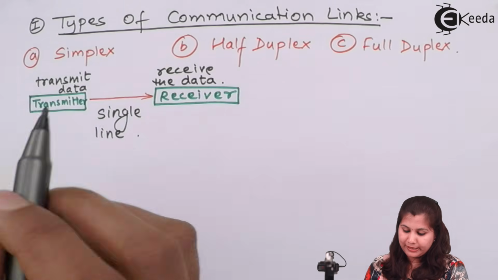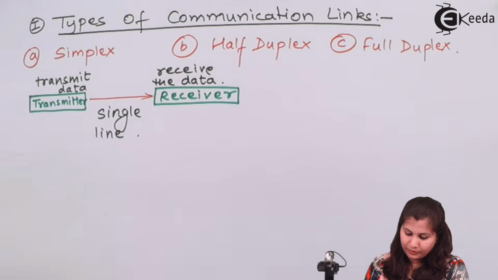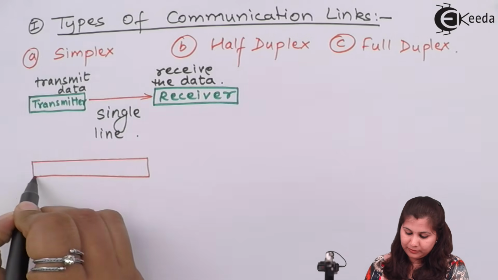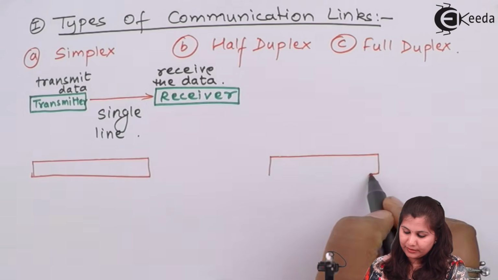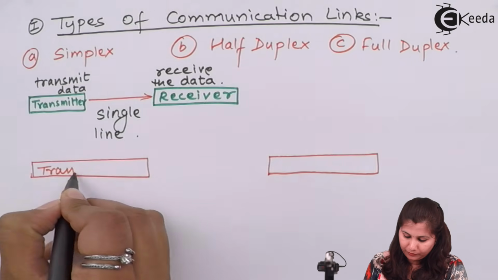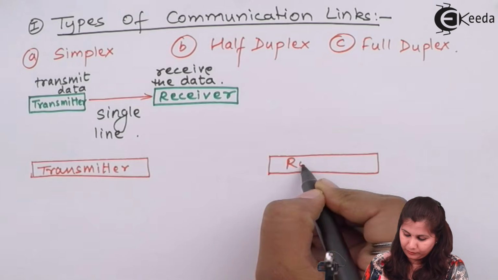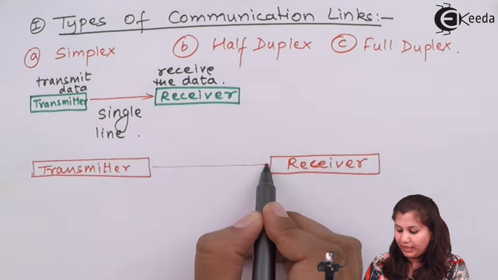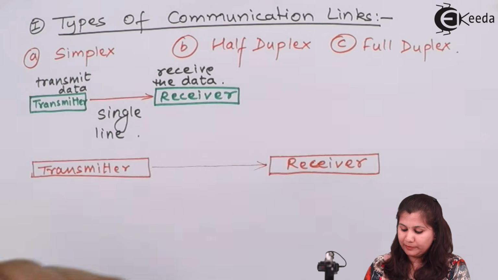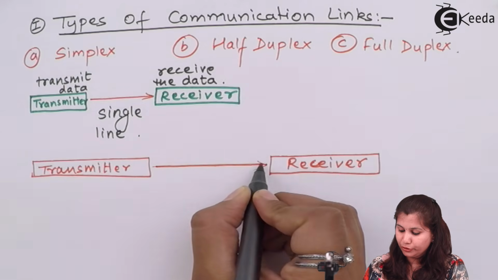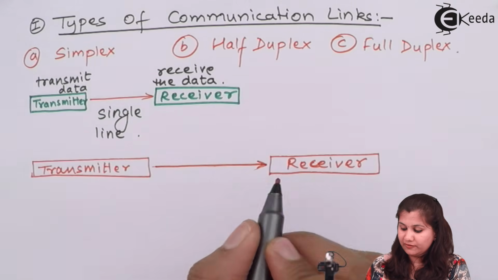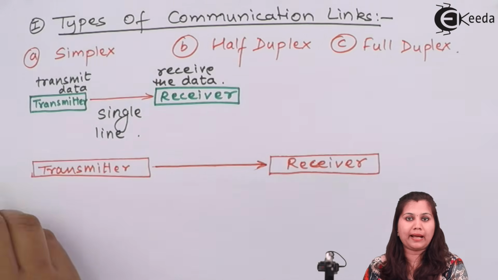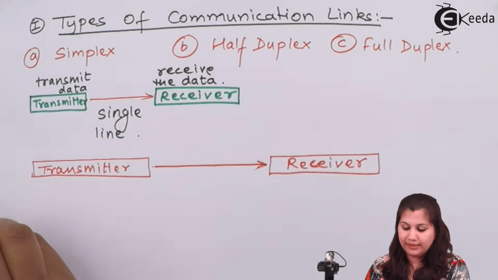In half duplex, this is the transmitter, this is the receiver. Now here also we have only a single line. The transmitter is going to transmit the data to the receiver, but this receiver can also send back the data to the transmitter.